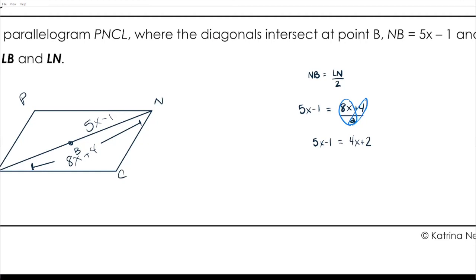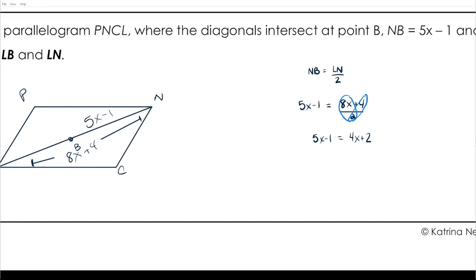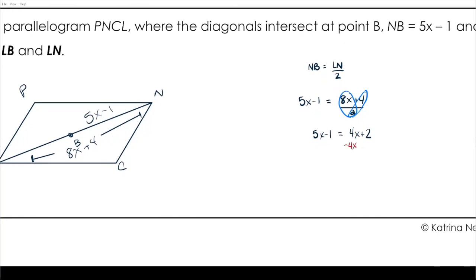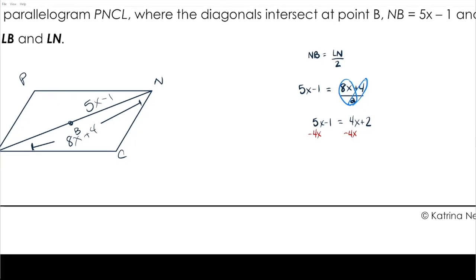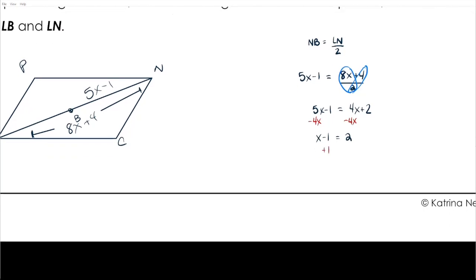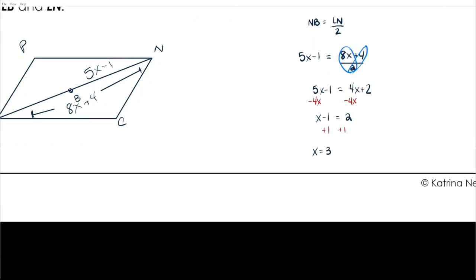We have a variable on both sides, so we need to move our variable first. Minus 4x, minus 4x, x minus 1 is 2. Now that our variable's isolated, we can add 1 to both sides. So we know x is 3.